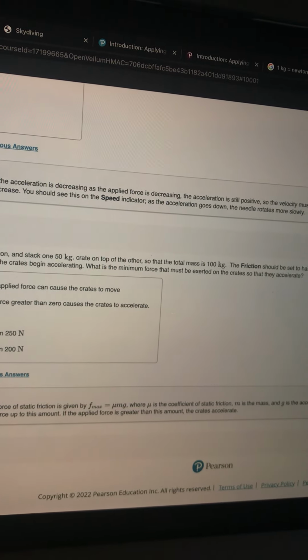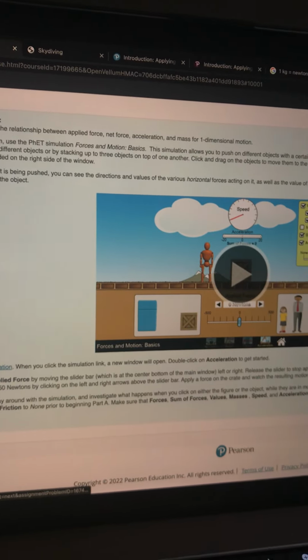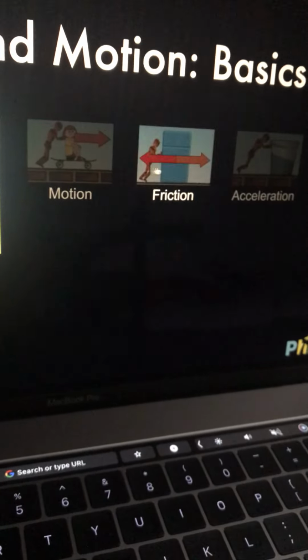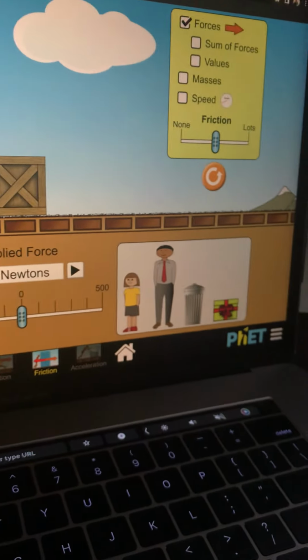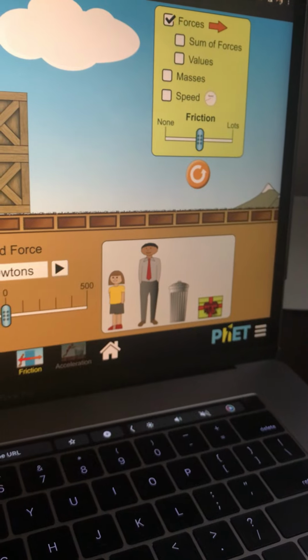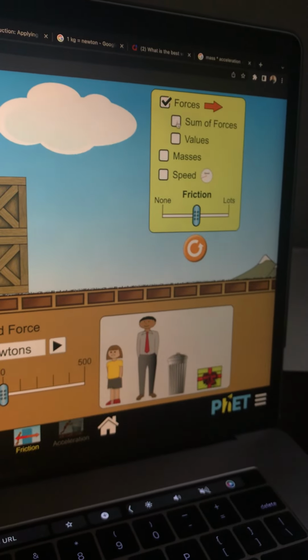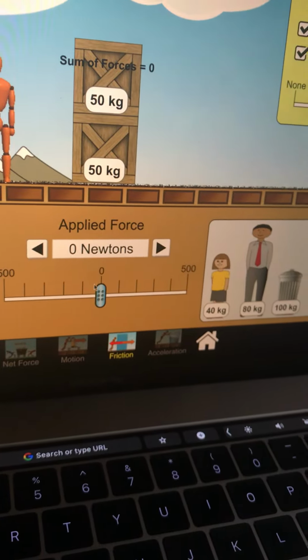So we have 100 kilograms and the friction force. We have two crates, and we want to know how much force we need to apply in order to get it moving.